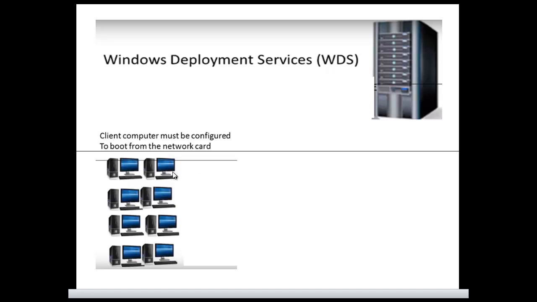Once that client computer is configured to boot from the network card, the client will automatically be connected to the WDS server. And what will show on the client screen would be the images that were prepared on the server. The user can click on the image that he or she wants.